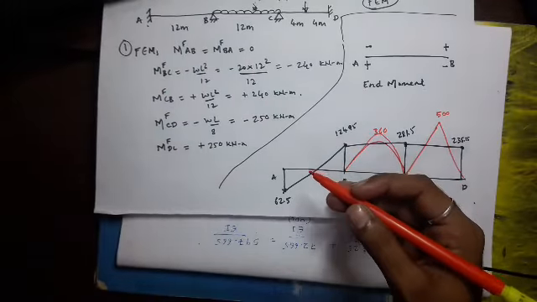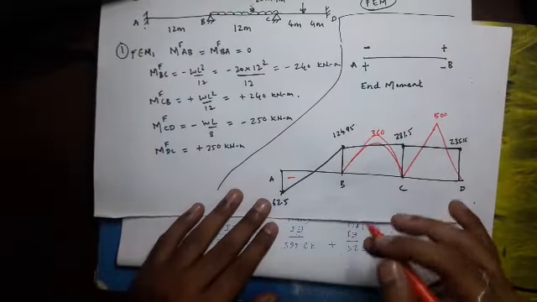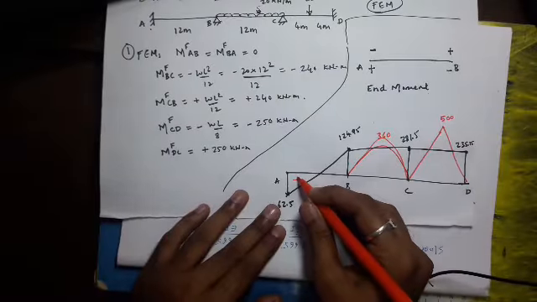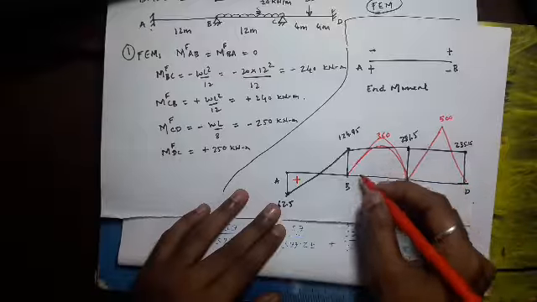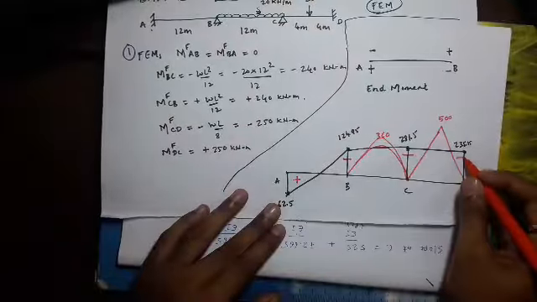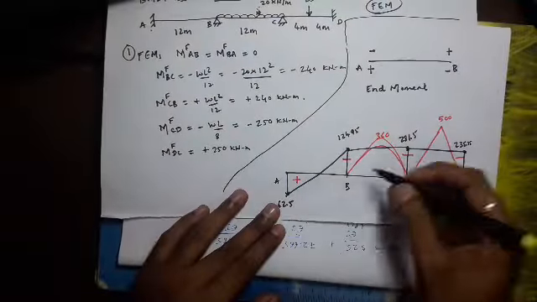Now see, with respect to end moments, if the end moments are below the datum, it will be treated as positive. If the end moments are above datum, it will be treated as negative. So this is negative, and this is positive, and this part is nullified.